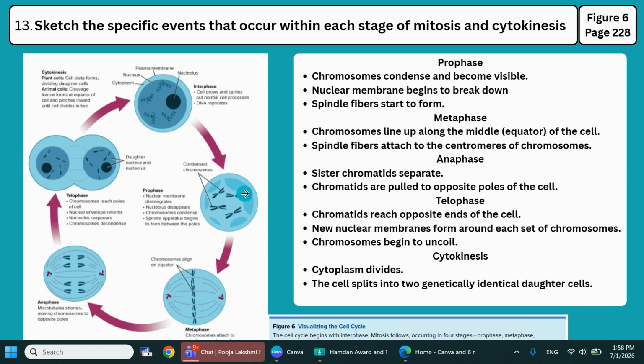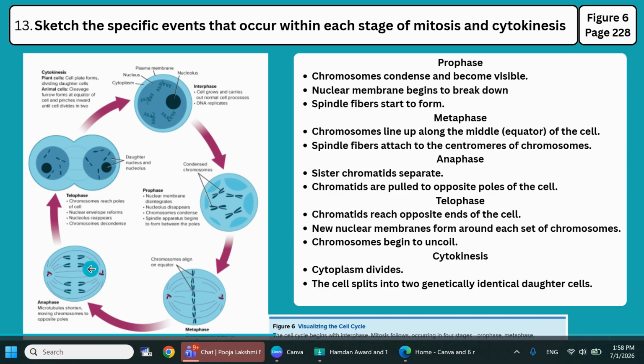So the centromere is that part where these are joined together. The centromere is attached to the spindle fibers, they are shortened, so they pull and they separate. So this is anaphase. Then comes the telophase.